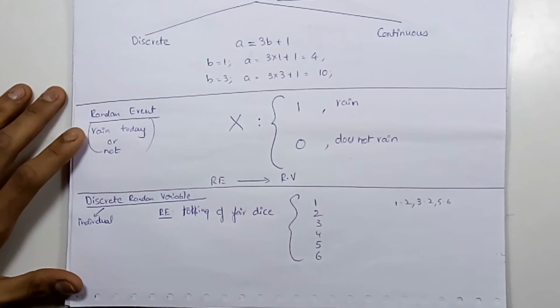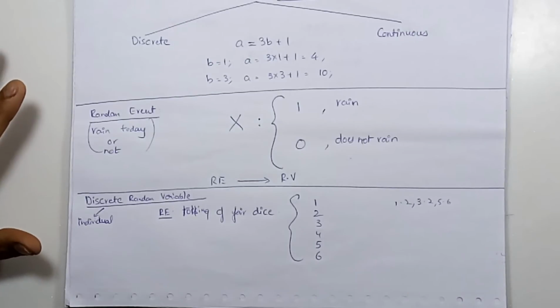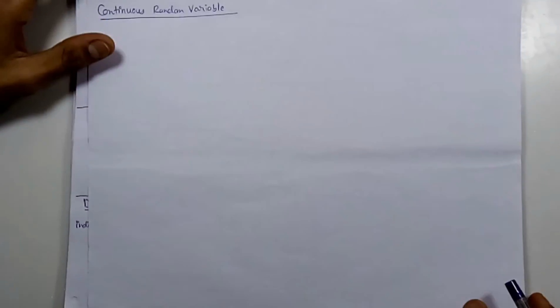Now let me explain what a continuous random variable is, through an example.